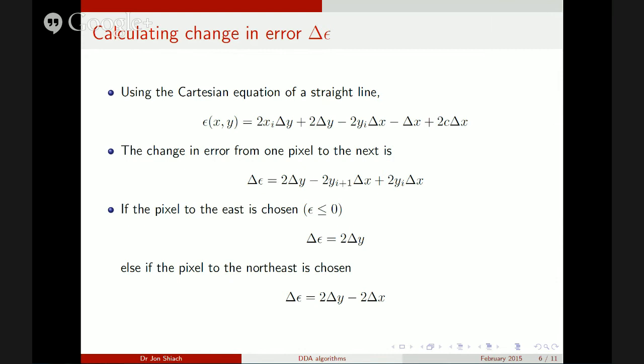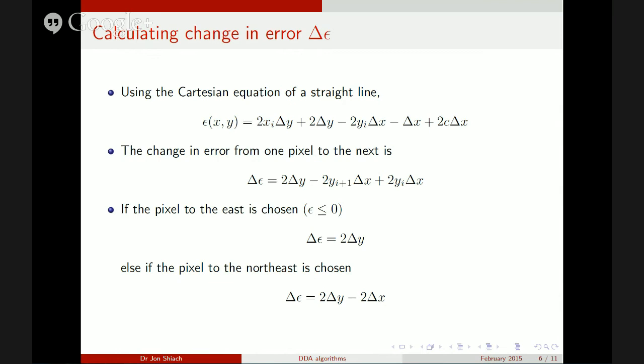So this is the x coordinate at the next pixel, the pixel to the right. The y coordinate, I don't know. This i plus 1 is quite important. That should be a subscript. So that's a coordinate of the pixel I don't know. That's going to be the error at the pixel on the right minus the error at the current pixel.